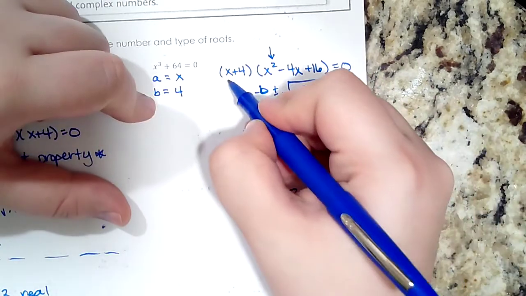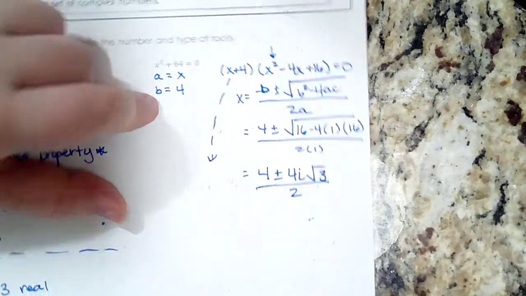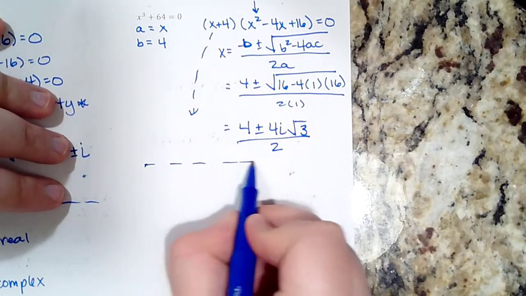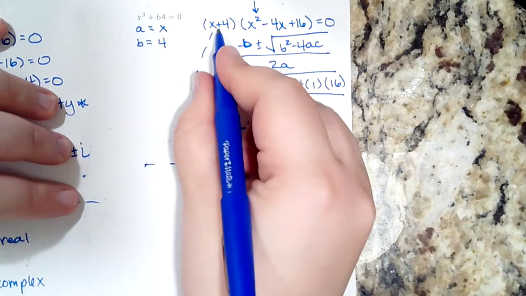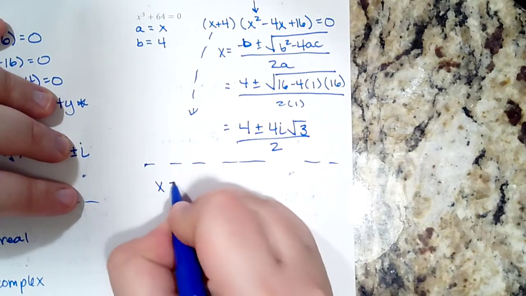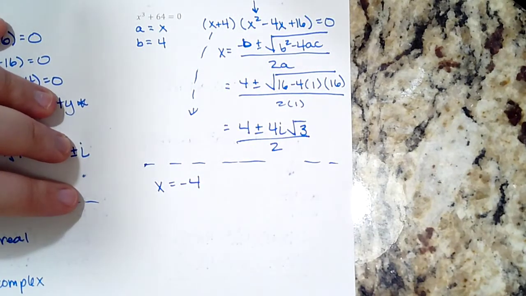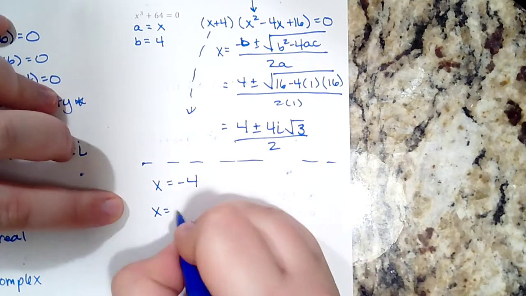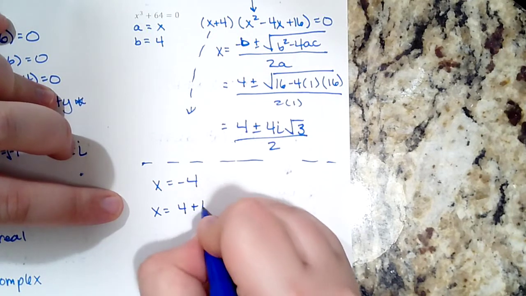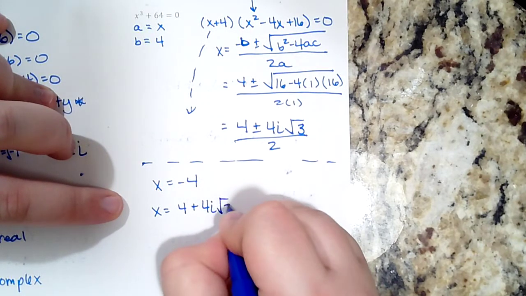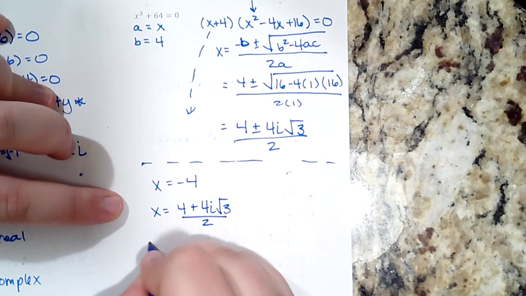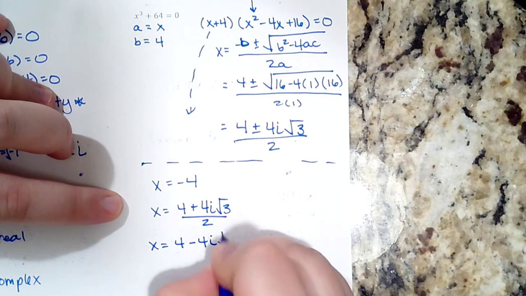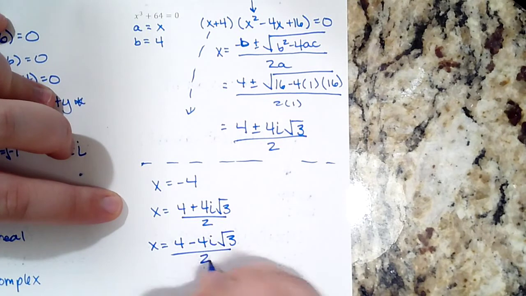And then, of course, don't forget to bring this answer down. So I'm going to do my line again here just to show you what my full answers are. When I solve this one, I get x equals negative 4 as an answer. And then there's two answers hidden in here, so I'm going to write them both out, the negative and the positive. I get x equals 4 plus 4i root 3 over 2. And I get x equals 4 minus 4i root 3 over 2.